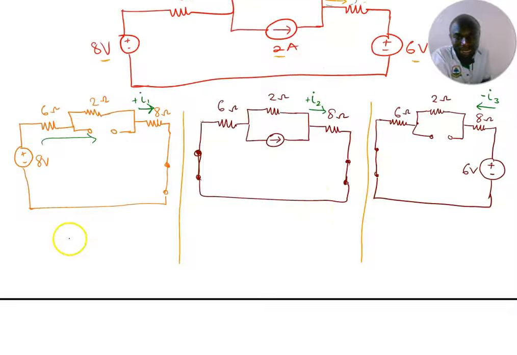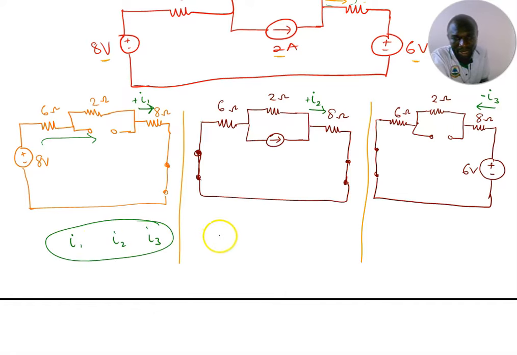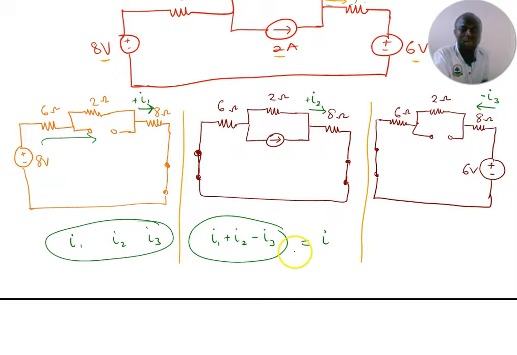If you're able to find I1, I2 and I3, after adding all of them, that is I1 plus I2 minus I3 should give us I. The algebraic sum of the currents should be equal to the main current.